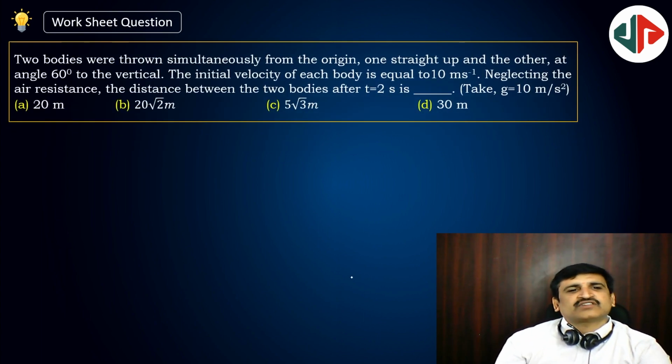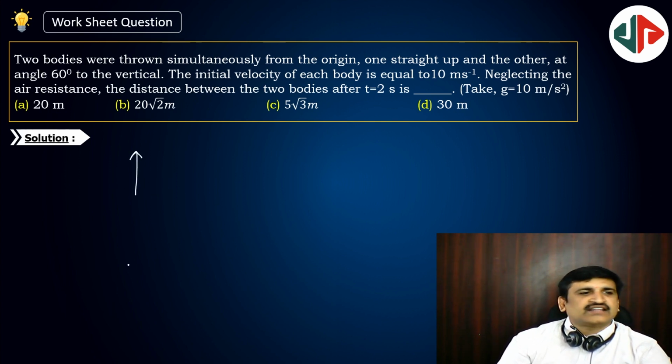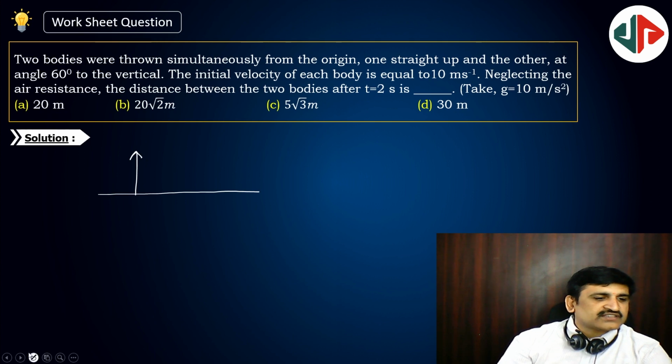Two bodies were thrown simultaneously from the horizon, one straight upward, and the other at an angle of 60 degrees with the vertical. Be careful about keywords, it's a dangerous keyword.